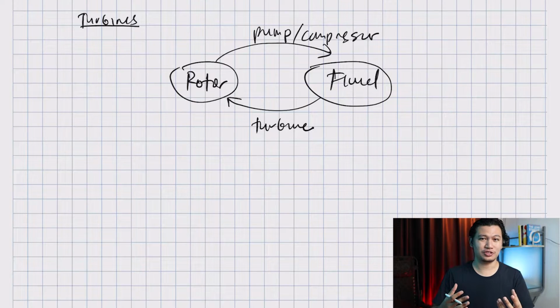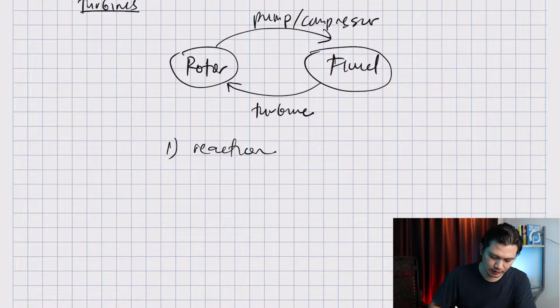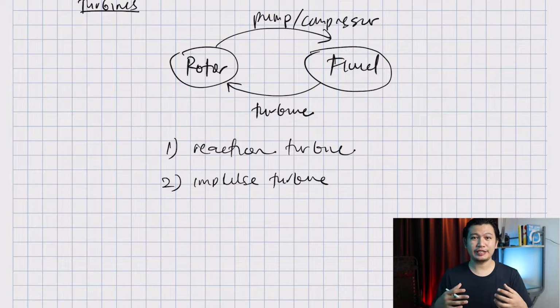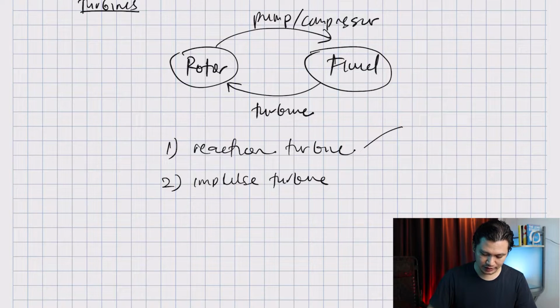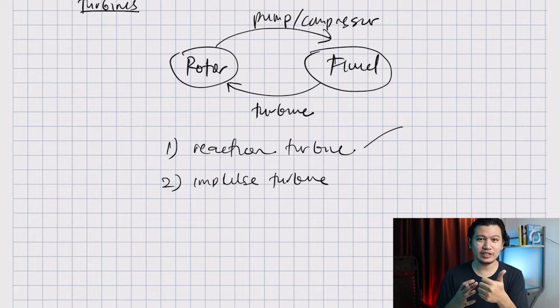But in this course, we're going to categorize turbines into two types: first the reaction turbine, and second the impulse turbine. The way to differentiate between them is this: imagine you have water that has kinetic energy and also potential energy or flow energy.